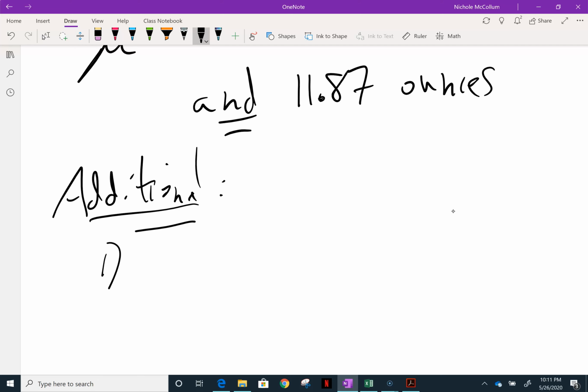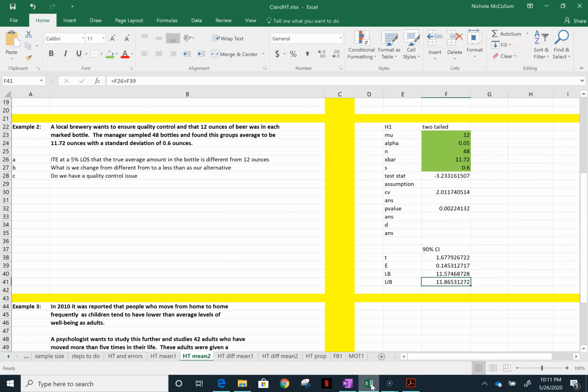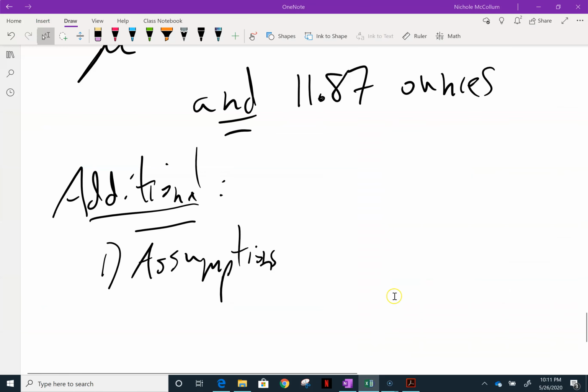In research, the first thing you would do is you want to check your assumptions. What's your assumptions? Well, we're using the t distribution. That means we need normality. The good news is, if I recall, in this case, my sample set is 48. Notice N is 48.